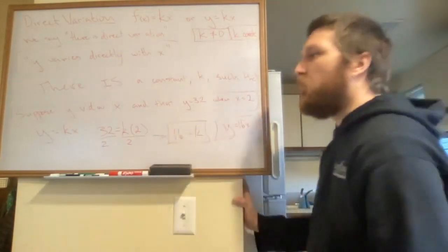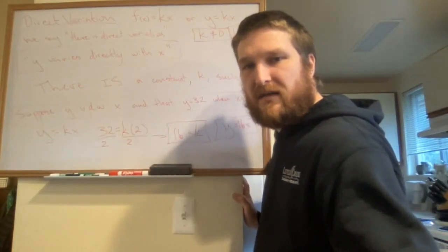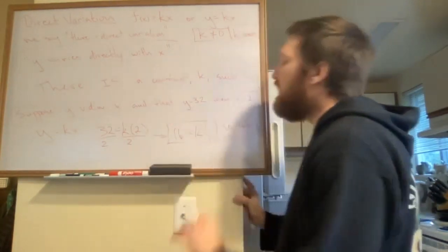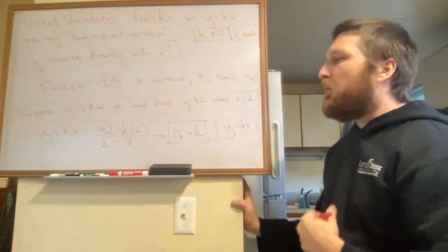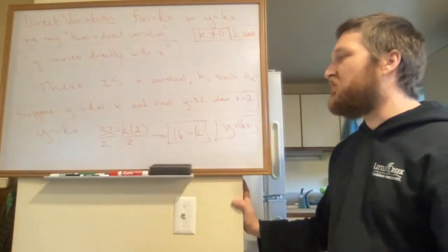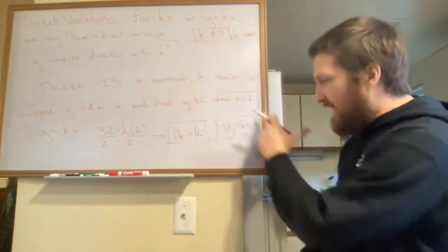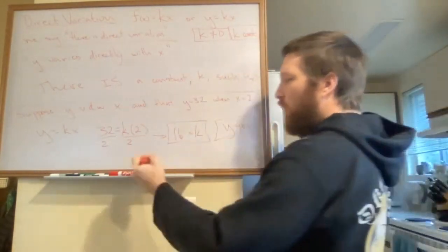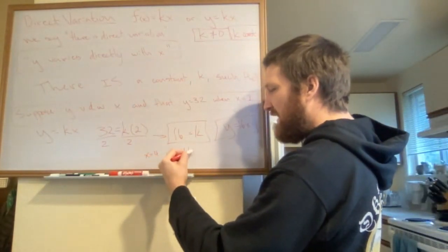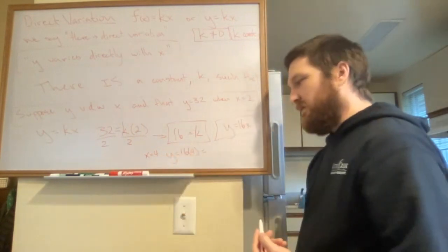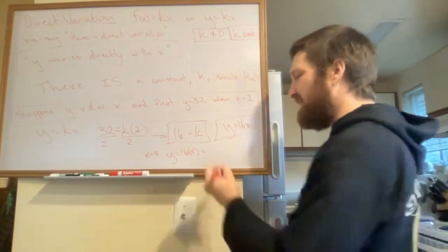Then in your homework and for the rest of your life, every time you see one of these, they're going to give you some situation like this, and then they'll say, predict what y is when x equals 4. And so then we just take this and say, when x is equal to 4, then y is equal to 16 times 4, which is 64.